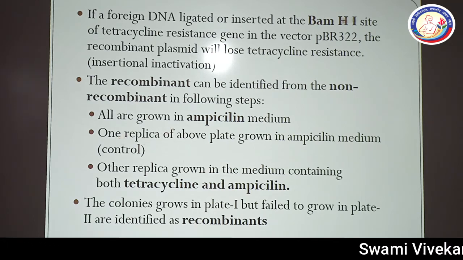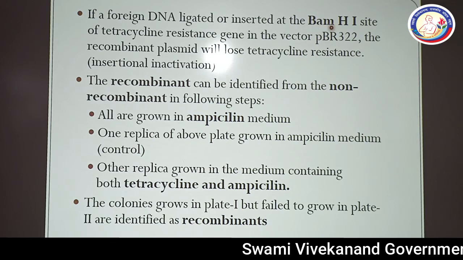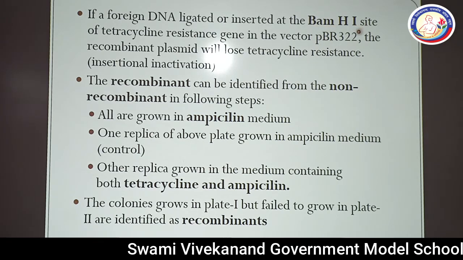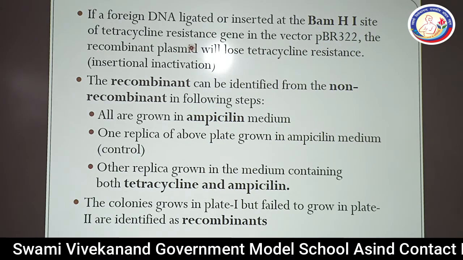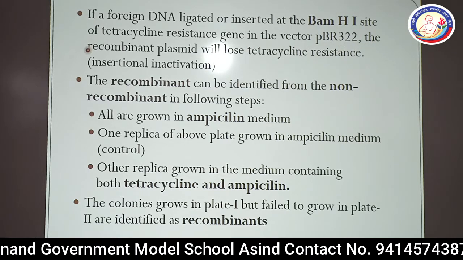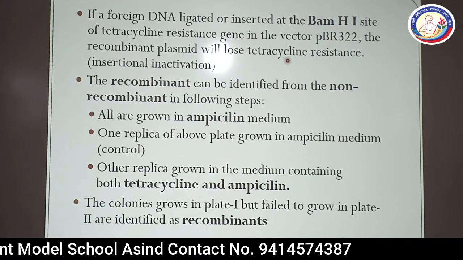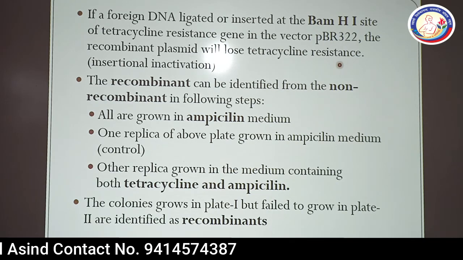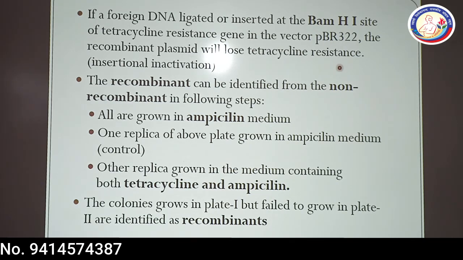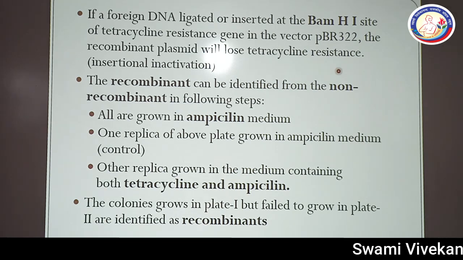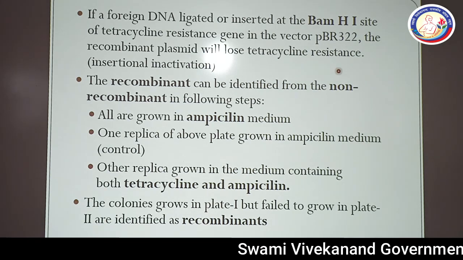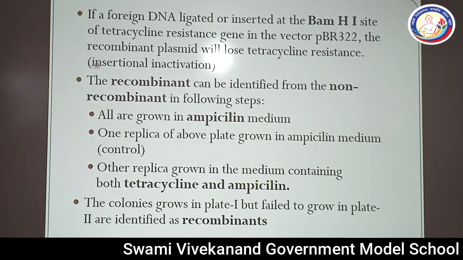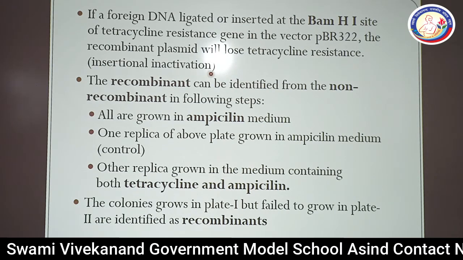The first is BamHI, from Bacillus amyloliquefaciens H. The recombinant plasmid will lose tetracycline resistance. As you cut the TETR gene and insert the foreign DNA, its action will be lost. It is known as insertional inactivation.